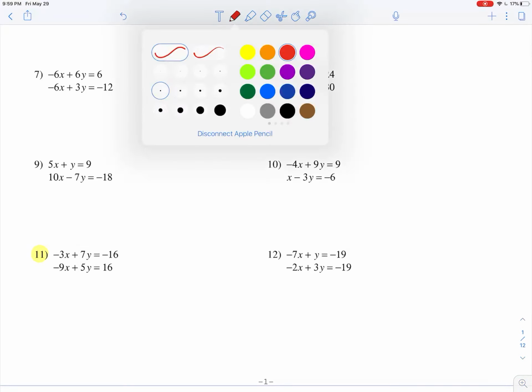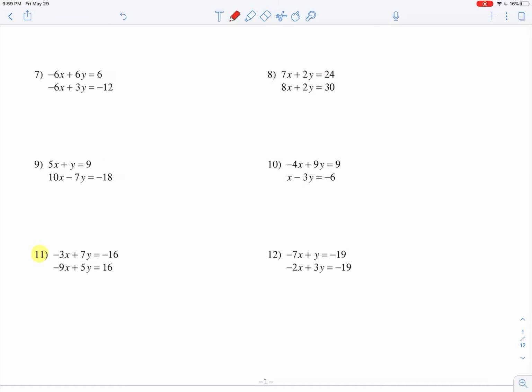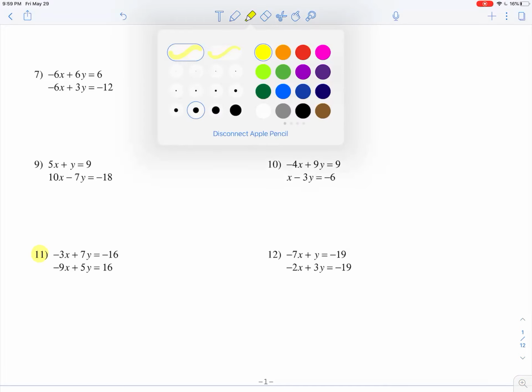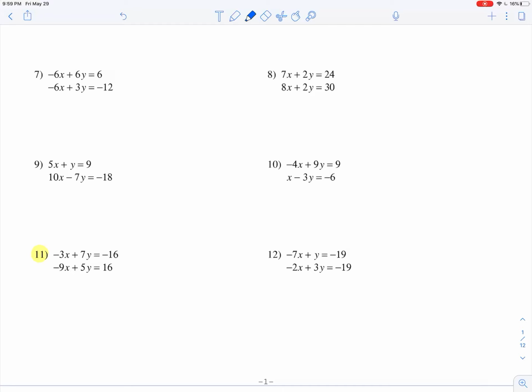Using elimination, remember our goal is to get rid of one of the variables right off the bat.